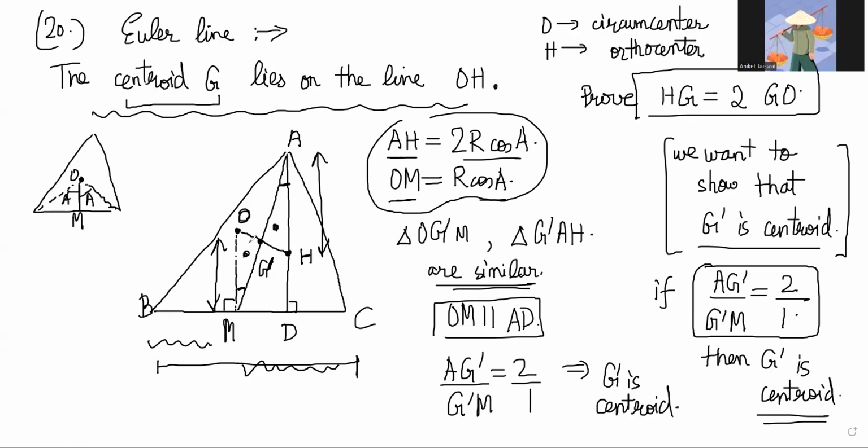Which also means G'H is 2 times OG', so GH is twice of GO. Is everyone understanding? Everything is done. It's just some similarities. You just have to draw this figure carefully and realize these two things, and that's it.